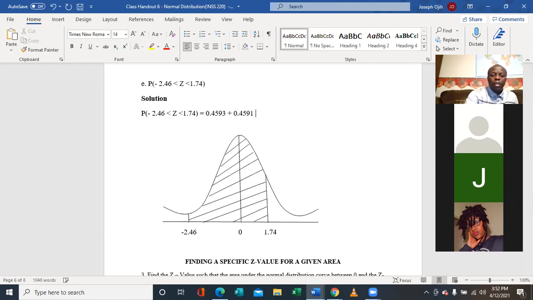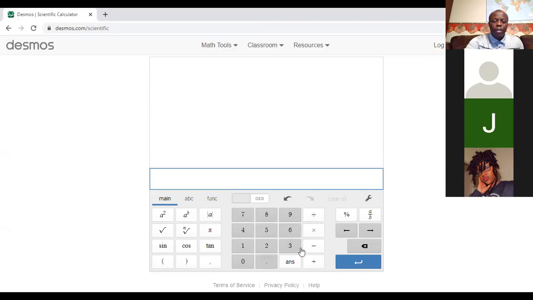Add them together, which I will show you from Desmos. 0.4931 plus 0.4591 is 0.9522.